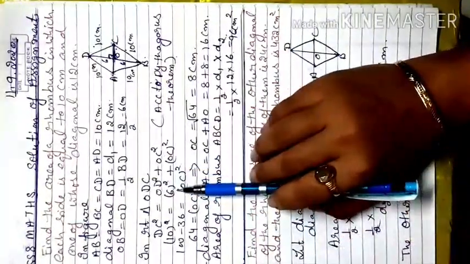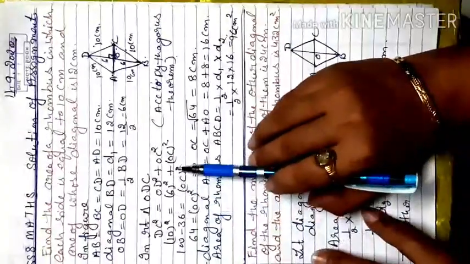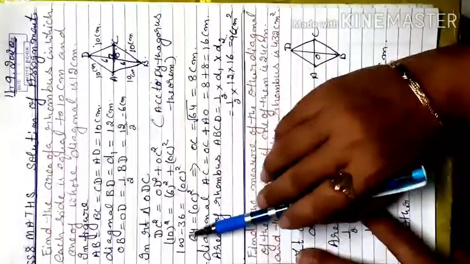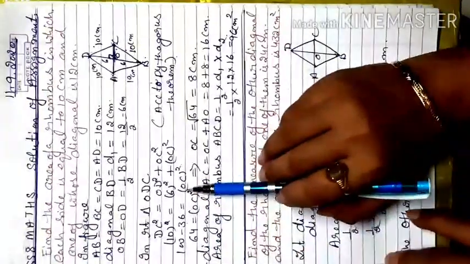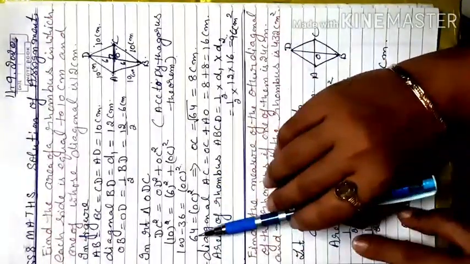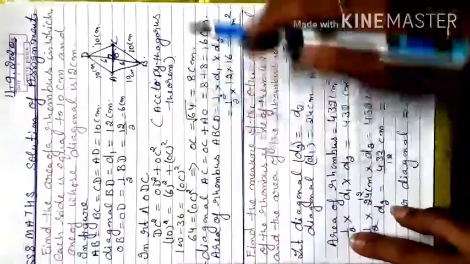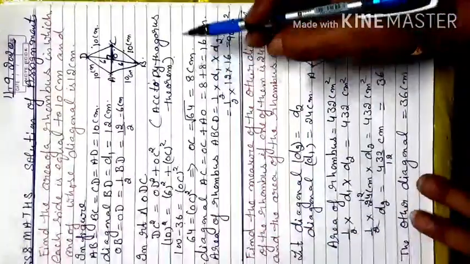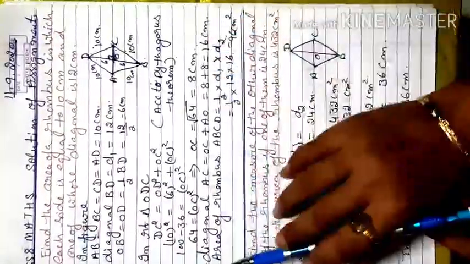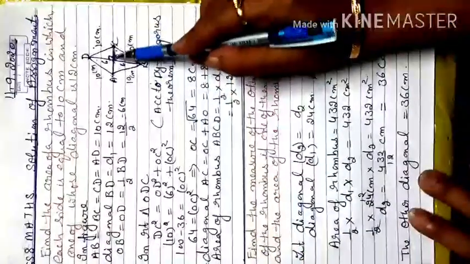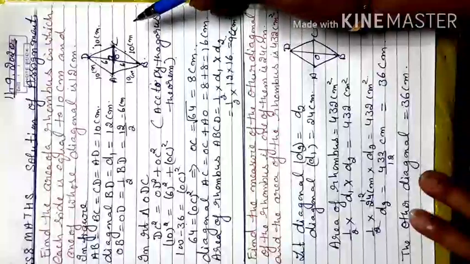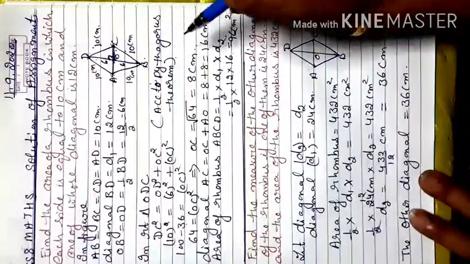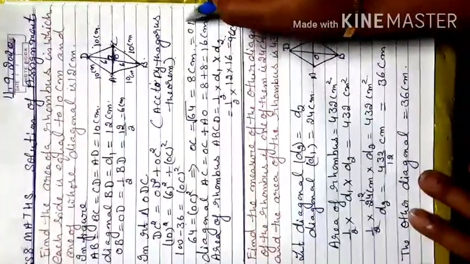Perpendicular is 6 centimeter, so 10 squared is equal to 6 squared plus OC squared. So 100, and 6 squared is 36. 100 minus 36 gives me OC squared. After subtraction, this is 64, and taking the square root on both sides, that is again 8 centimeter. So OC is 8, and OA is the same as OC.